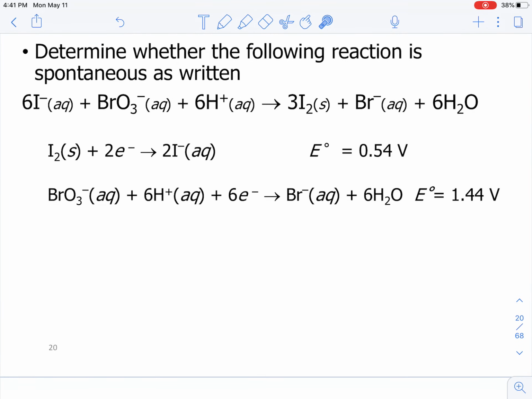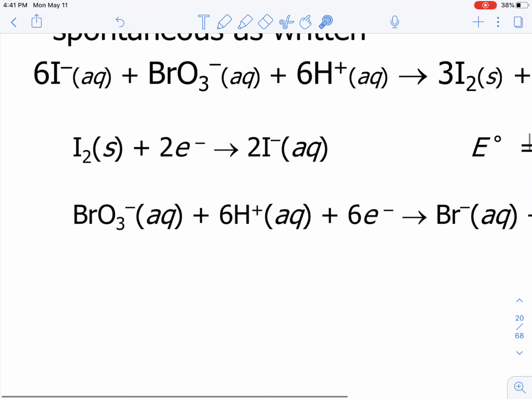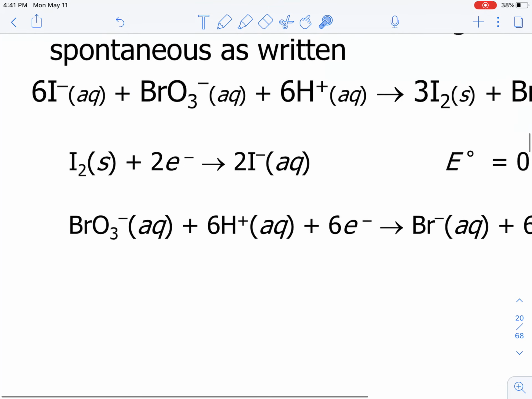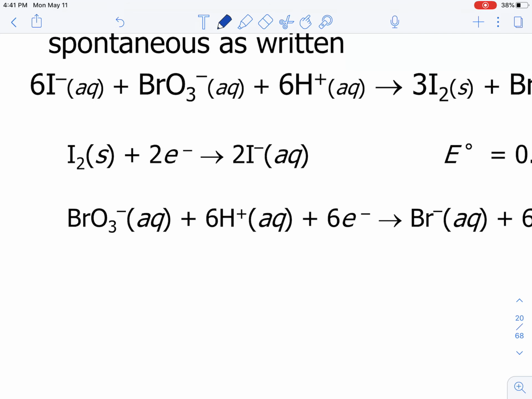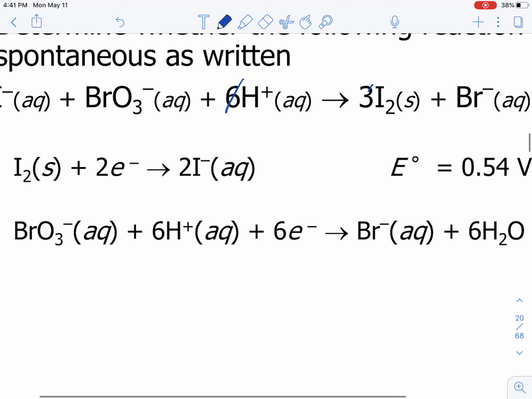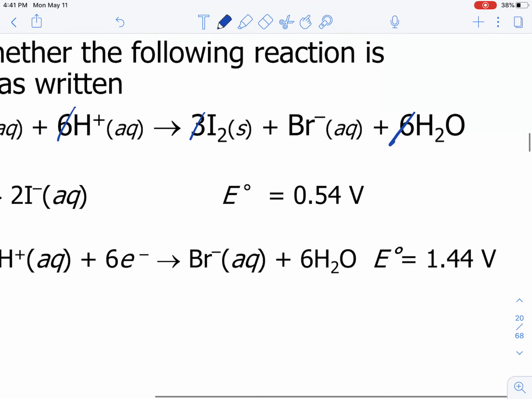And so to ensure that we put those two numbers in the correct position in the equation to calculate the standard cell potential, we need to write out our oxidation numbers. And so for your oxidation numbers, just go ahead and ignore all your coefficients.